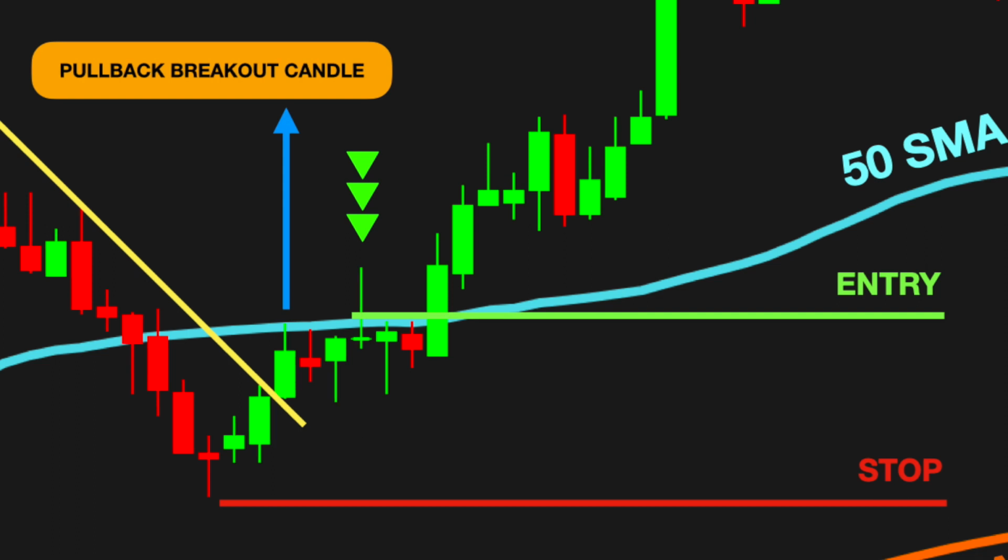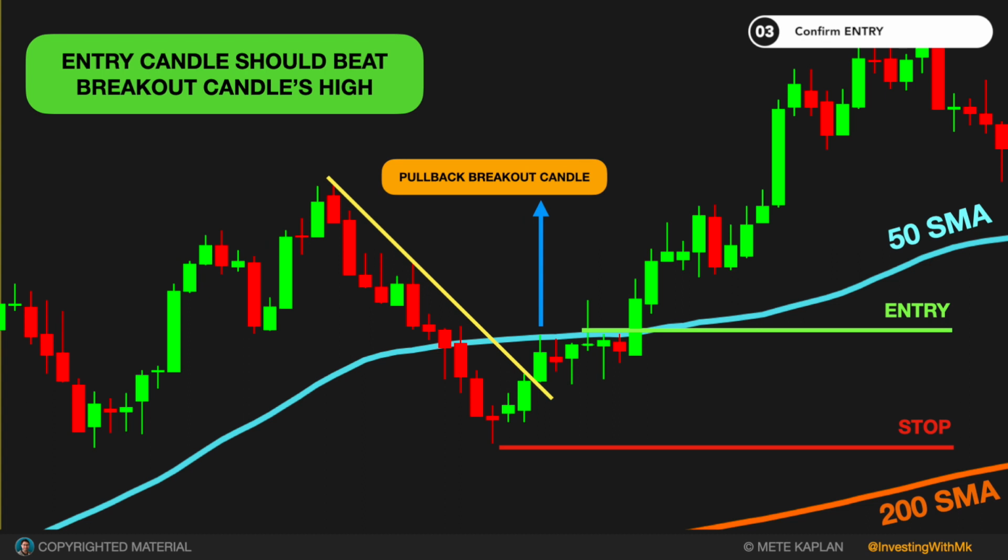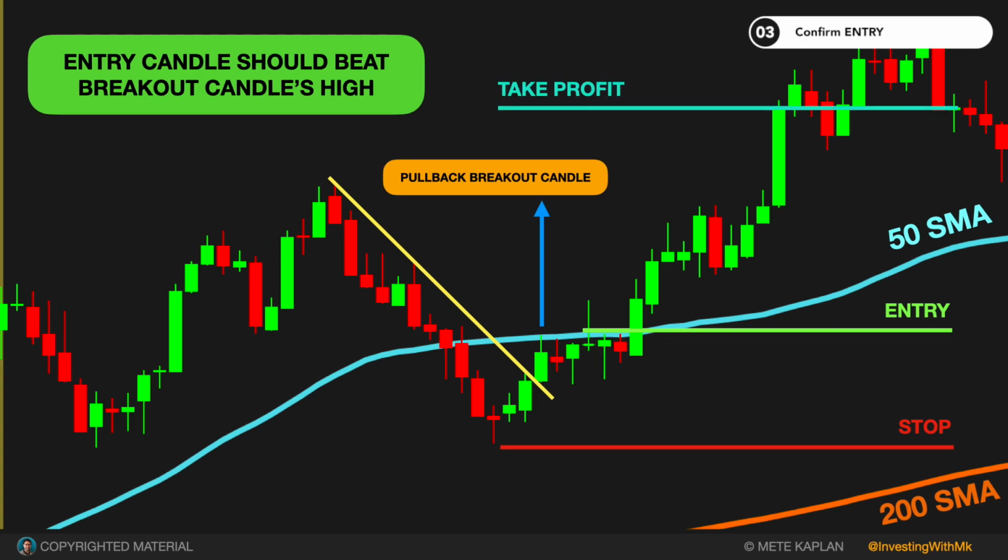My risk-reward ratio is around 1 to 2R, and I place my take profit order depending on it. However, there are some other ways to place stop loss and take profit orders with ATR, which I will teach you in other videos. But 1R to 2R risk-reward ratio is quite a common way of handling trades.